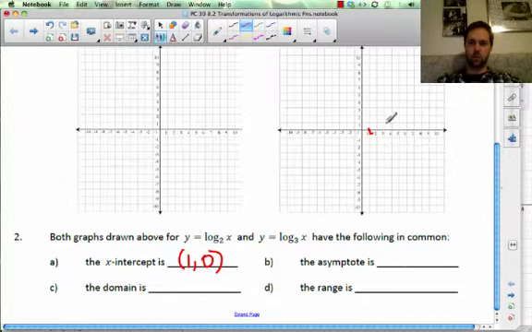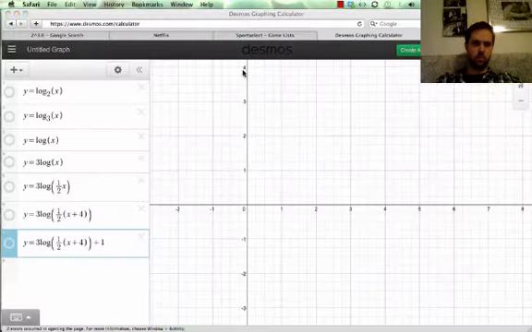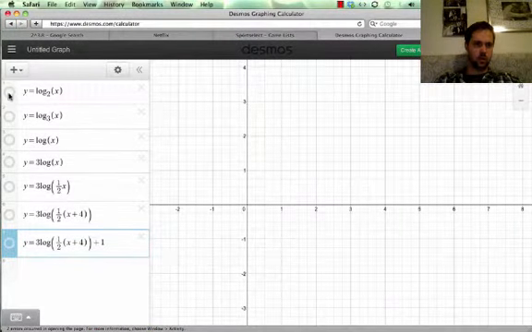The asymptote for these logarithmic functions. Now the asymptote for your exponential curves is the x-axis. So we might as well just take a quick look.